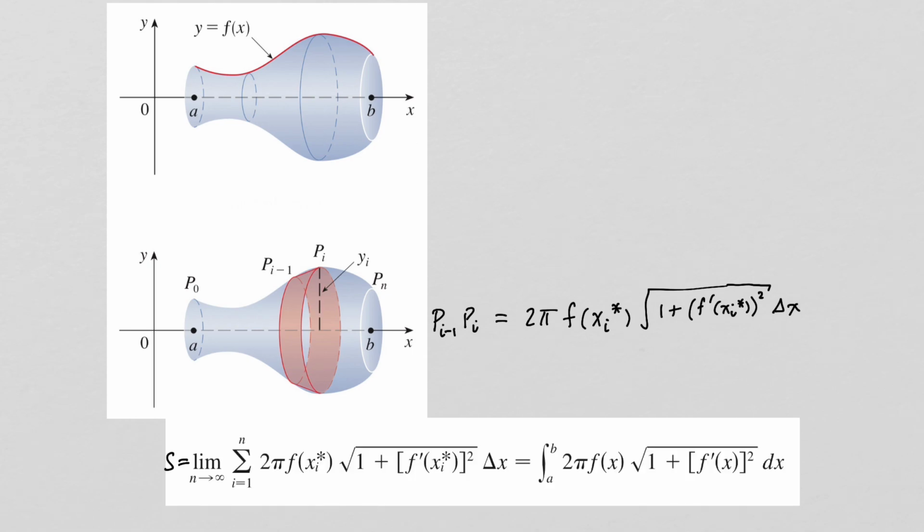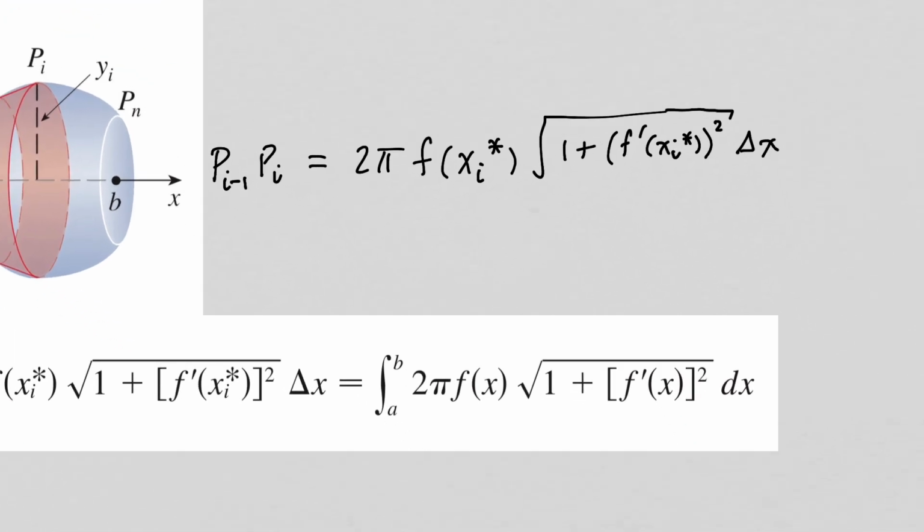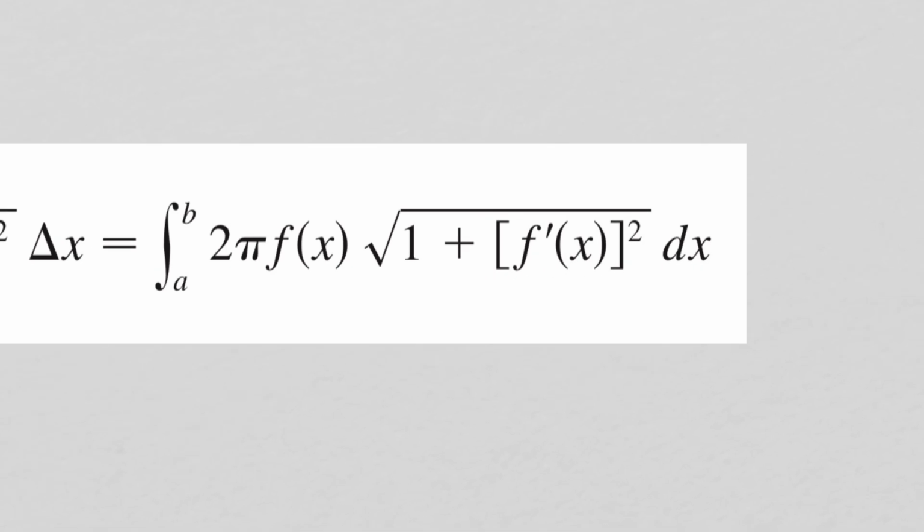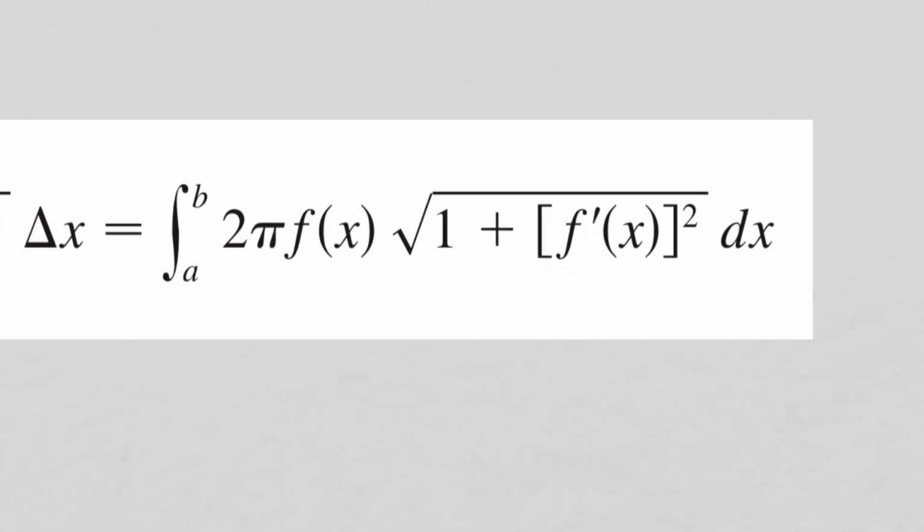So the surface area S is equal to the limit as n goes to infinity of the sum from i equals 1 to n of essentially this. And we know that this is a Riemann sum, and a Riemann sum can be transformed into a definite integral. So this is the formula for finding the surface area when revolving the function f of x about the x-axis.